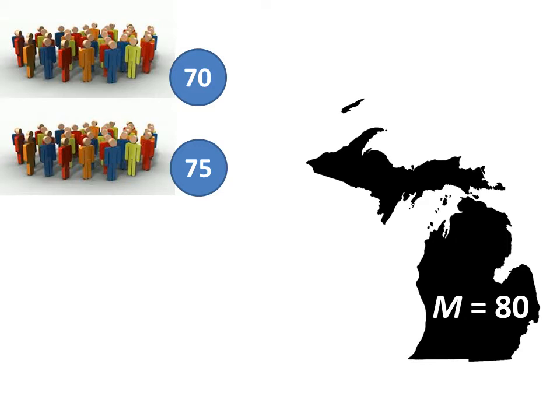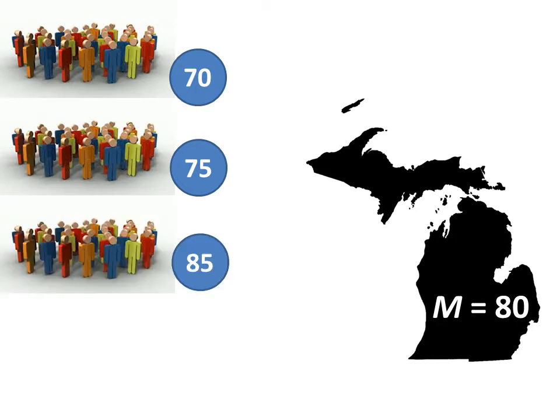They repeated this, drawing another random sample of 60 from the same population, and found that the second sample mean was 75. They then drew a third random sample of 60, and found that the third sample mean was 85.